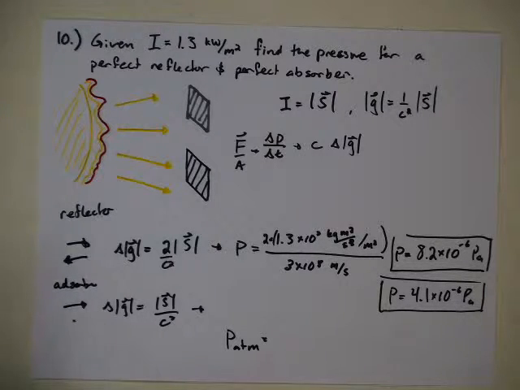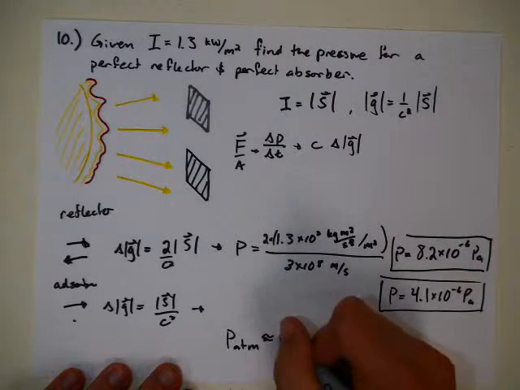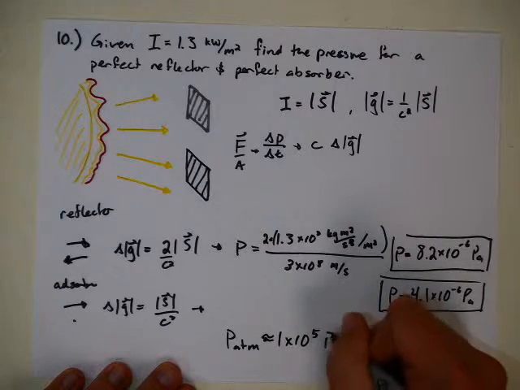So I'm going to pull out my handy dandy phone and use Google to look up atmospheric pressure, and standard atmosphere is 1.013 times 10 to the 5th, so around 1 times 10 to the 5th pascals.